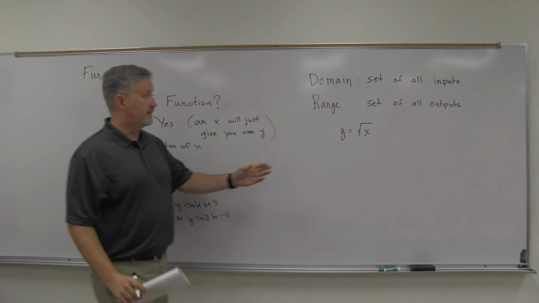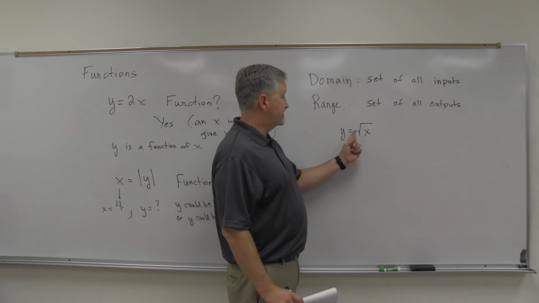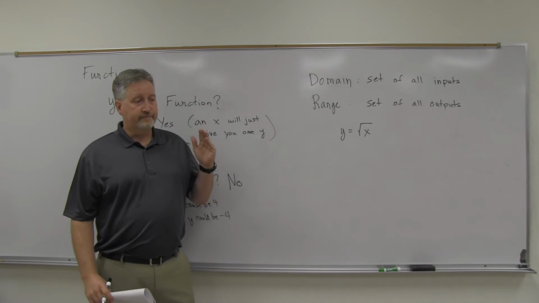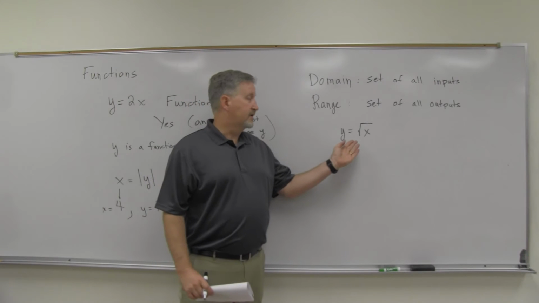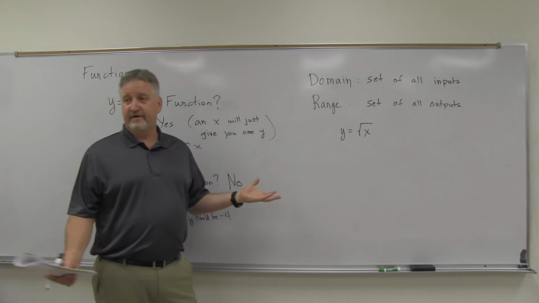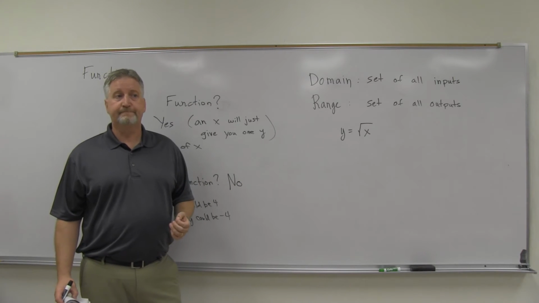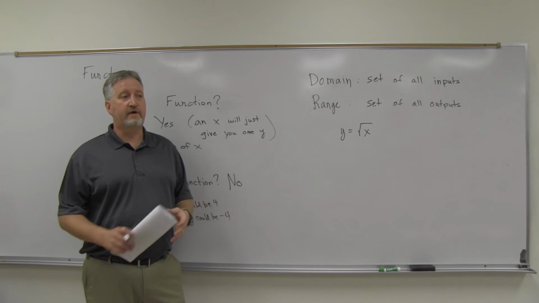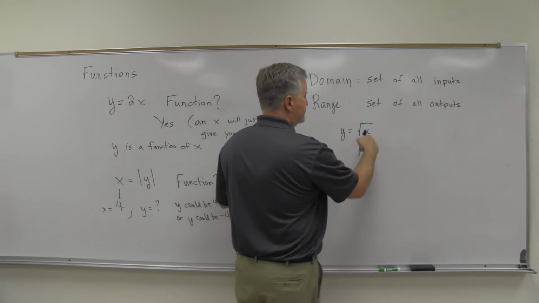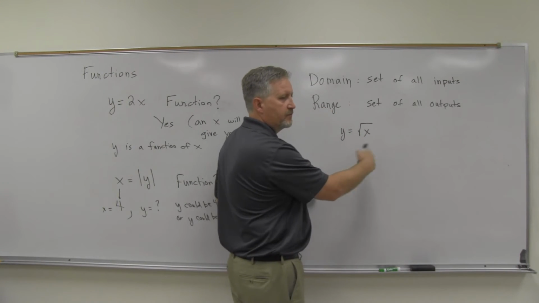Well, since it's under the square root, I can't do negatives, because the square root of a negative is going to give me an imaginary number, and those aren't real numbers. They're outside of the real number set. So here, the set of inputs, x can only be 0 or greater.